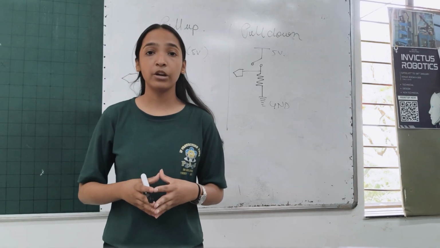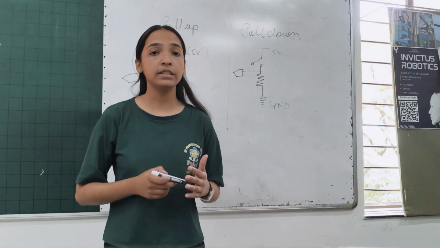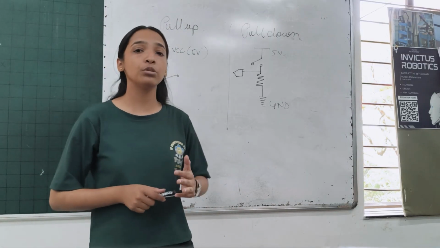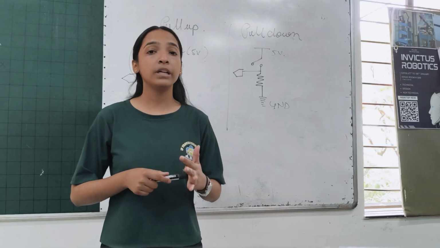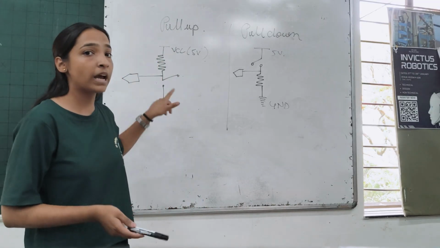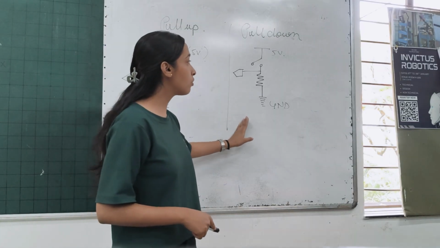A pull up resistor keeps the GPIO in a default high state. Whenever the button is not pressed, the pin is going to stay in the high state. When the button is pressed, the pin is going to connect with the ground and it will go into the low state. The pull down resistor works exactly opposite.